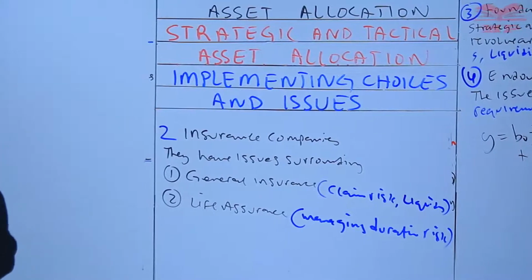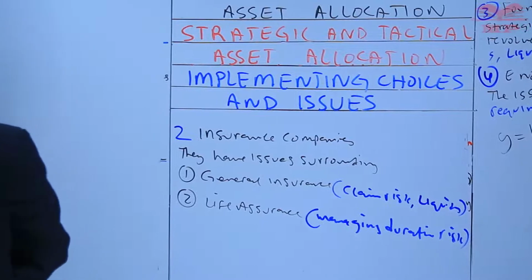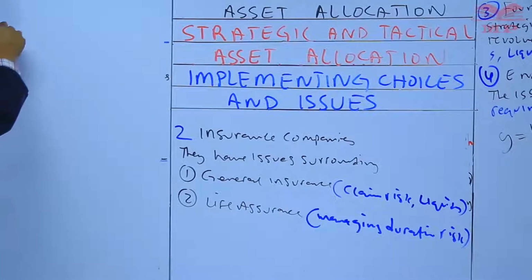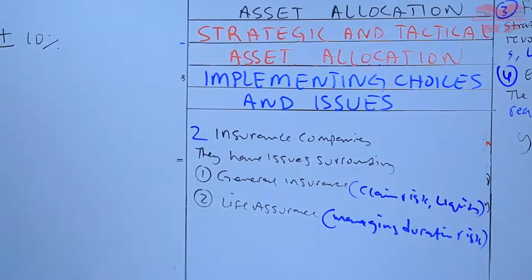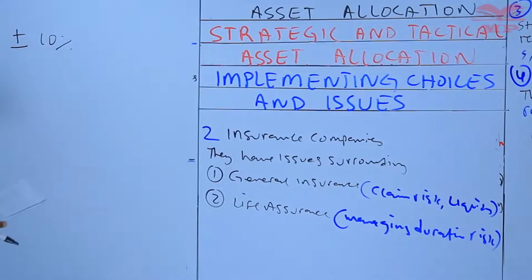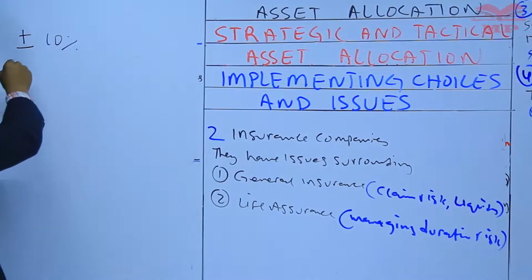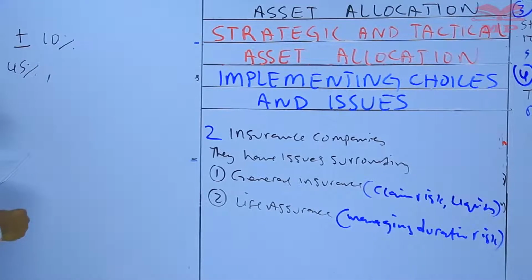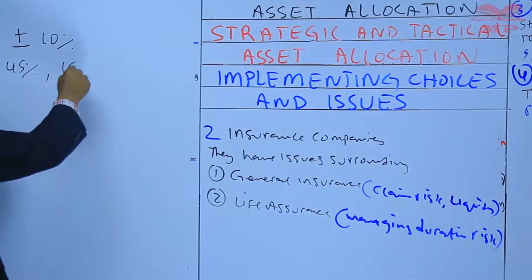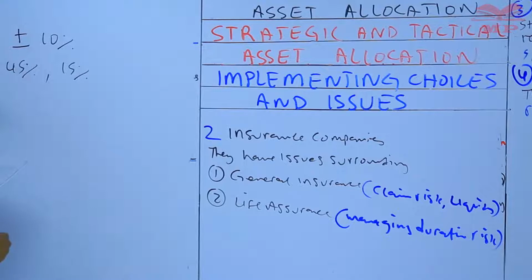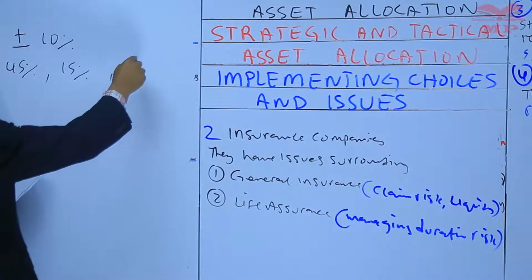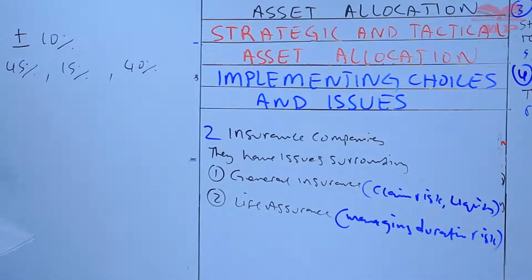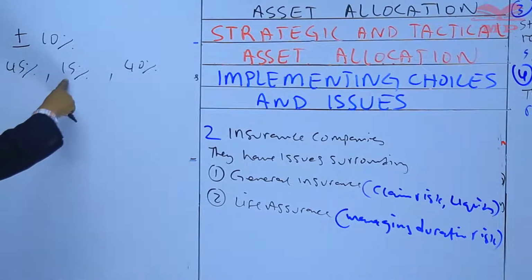If we have plus or minus 10%, and the initial asset allocation was 45%, 15% in non-US developed markets, and 40%. So we are going to move this plus or minus 10%, this plus or minus 10%.